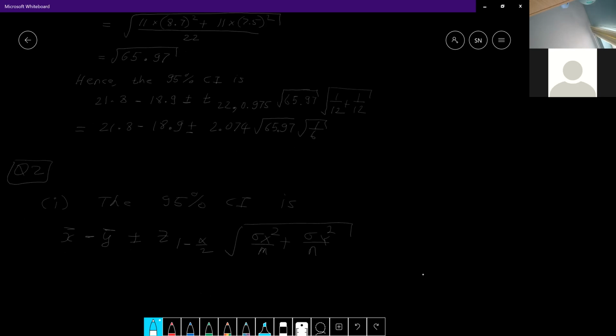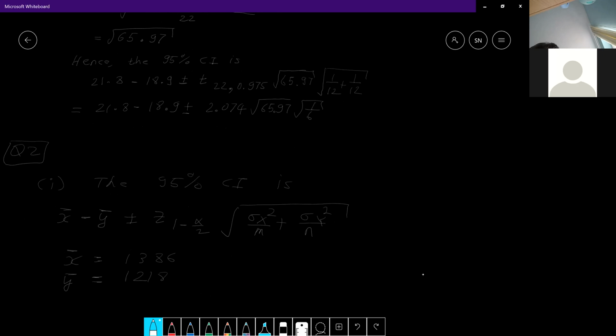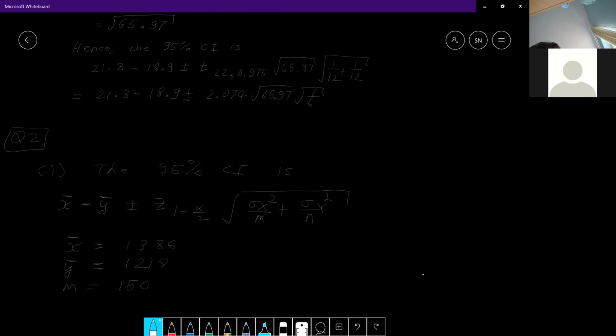Now, all the data that you need is given. X bar is given to be equal to 1386. Y bar is given to be equal to 1218. M is the sample size for the first one, 150. The second one, n, is 200.